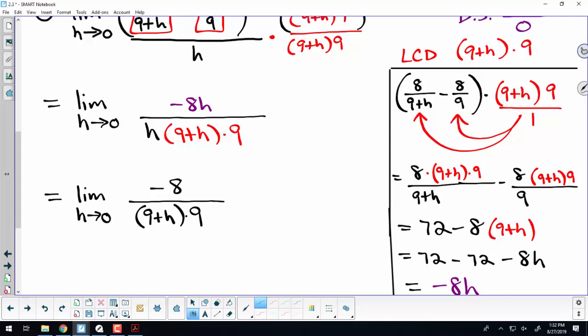We did this algebra trick, we simplified it as much as we can, and the problem went away. So then we reevaluate the limit. As h approaches 0, what is this limit equal to? Negative 8 over 81.